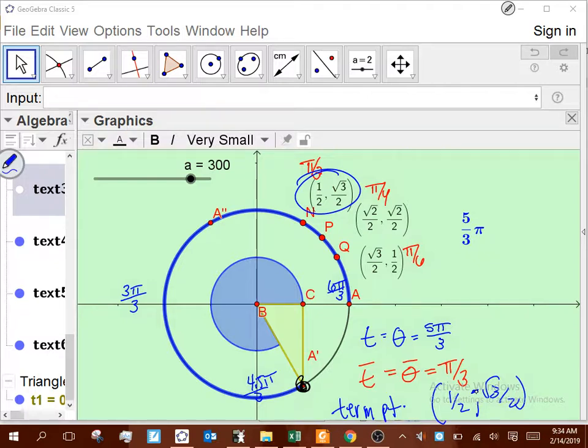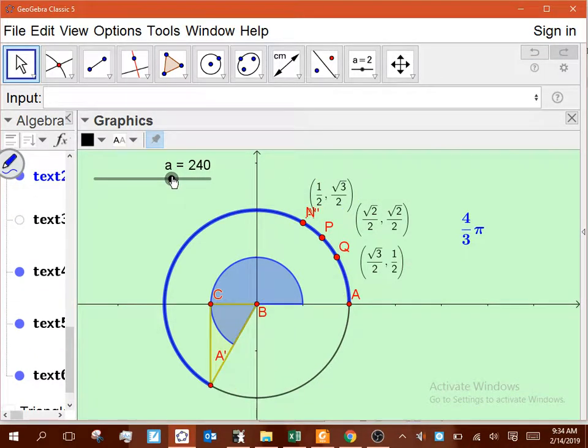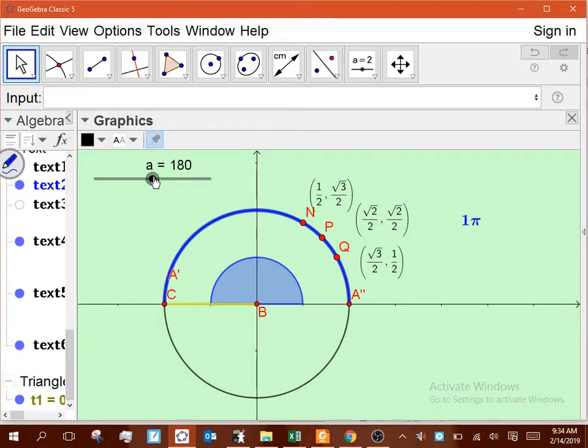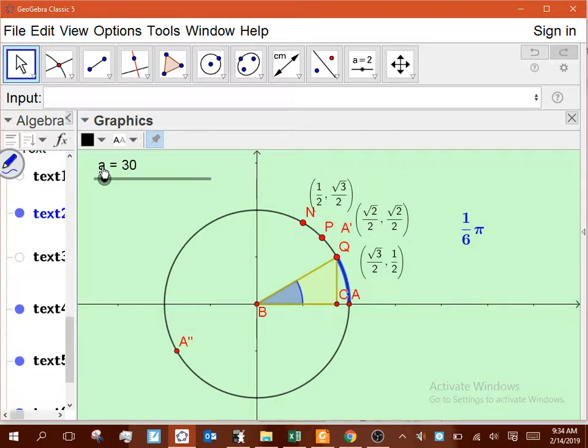Okay. Now, as we work through this and practice this, a lot of the questions that we see are going to be, like I said, the multiples of pi over 12, and usually more like the multiples of pi over 6. Okay. So let's do just one more like that.